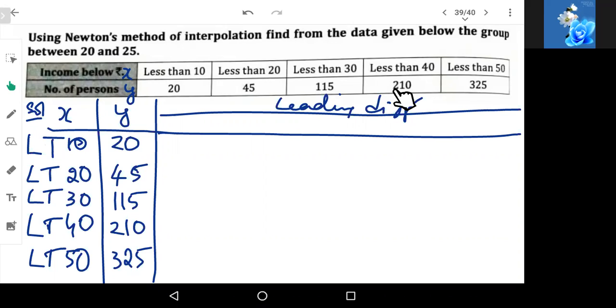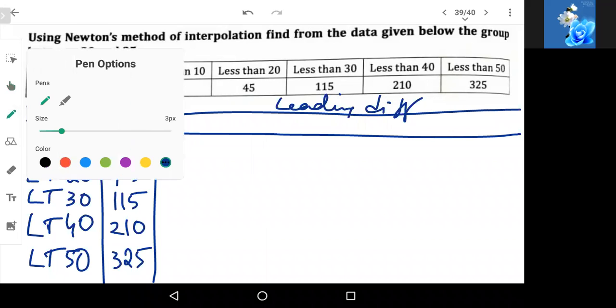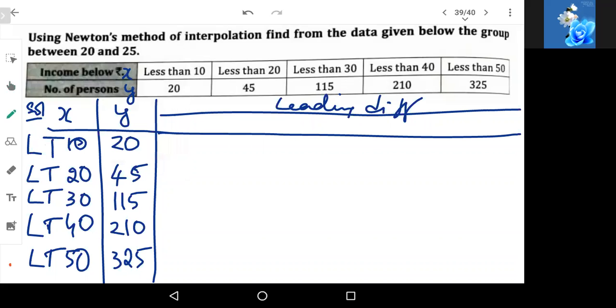So if you see here, it's in increasing order: 20, 45, 115, 210, 325. This is already a cumulative frequency. That is the main reason we just take whatever number is given to us when it is an open-ended class interval. Is that clear?